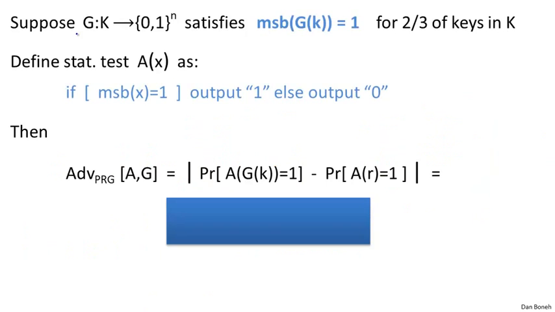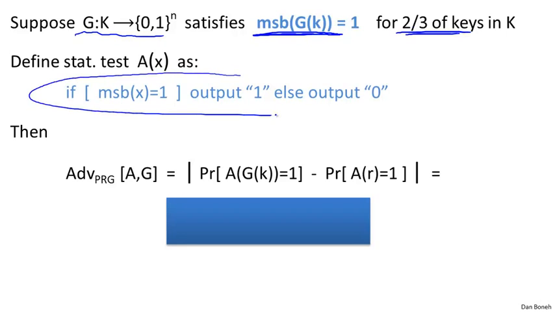Now let's look at a more interesting example. Suppose we have a generator G that satisfies a funny property. It so happens that for 2/3 of the keys, the first bit of the output of the generator happens to be 1. If I choose a random key, with probability 2/3 the generator will output 1 as its first bit. Now let's look at the following statistical test.